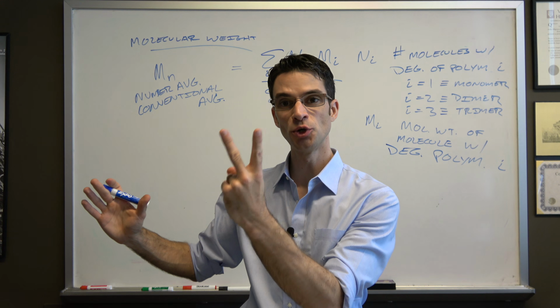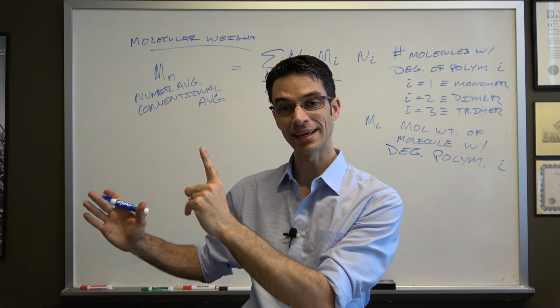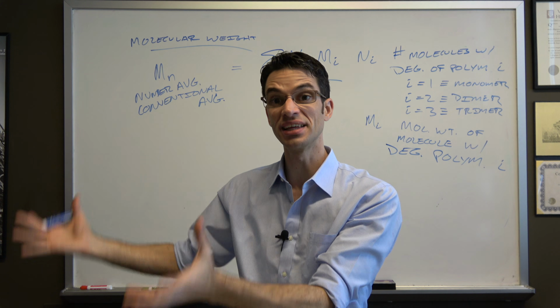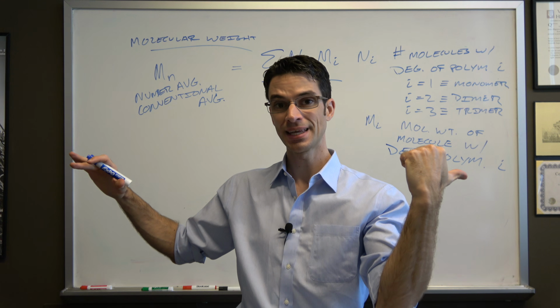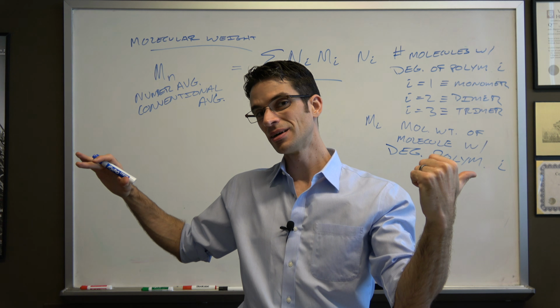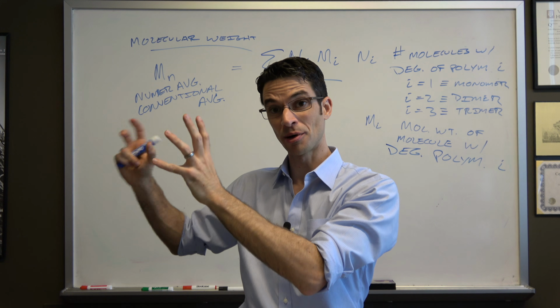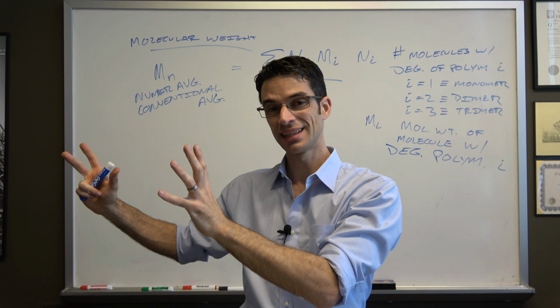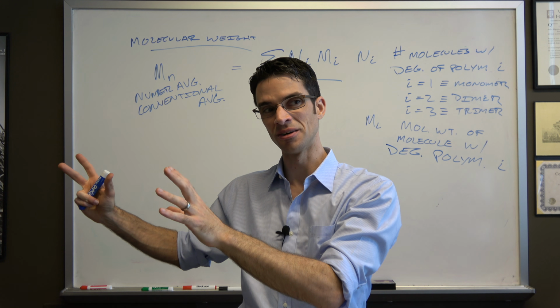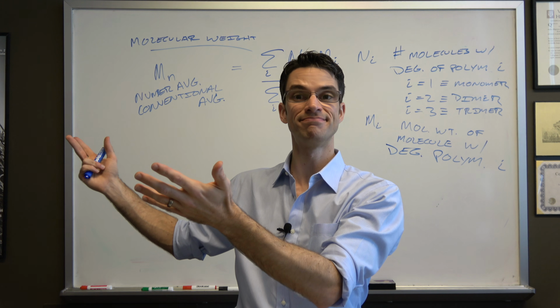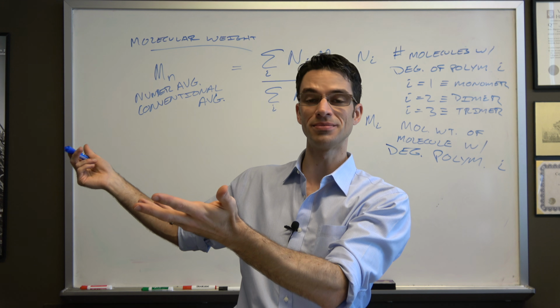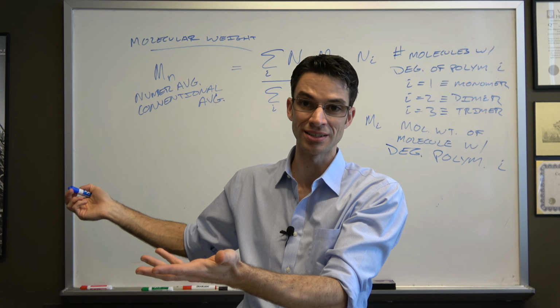It has two polymer chains in it. One of them has a molecular weight of 1,000,000, just like the first. And then it has another polymer molecule in the sample that only has a molecular weight of 10. Maybe that polymerization didn't go so well.